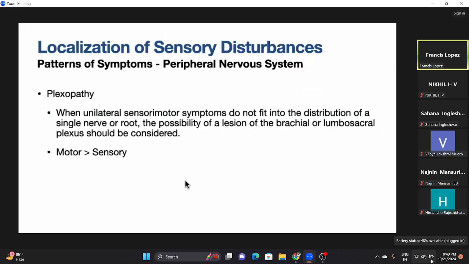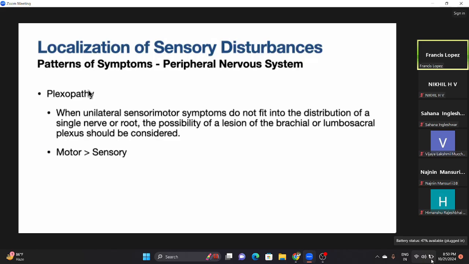After radiculopathies, plexopathies, di ba? Plexopathies are what you learned in your neuroanatomy, di ba? When you learn about the brachial plexus, the lumbar plexus, and the lumbosacral plexus.